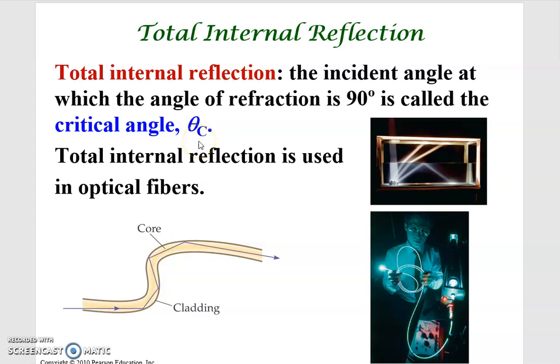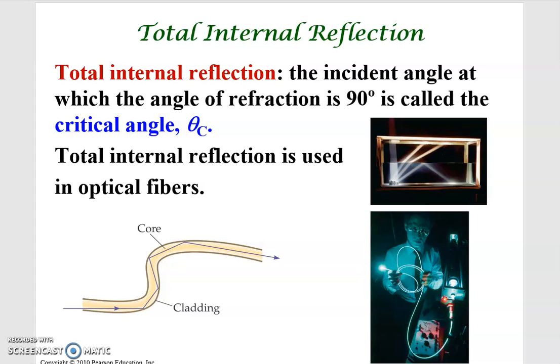Why am I introducing the concept of total internal reflection? Because there are several very interesting applications, and one of them is optical fibers. This will be a very useful application when people try to communicate in the future. So what are optical fibers?